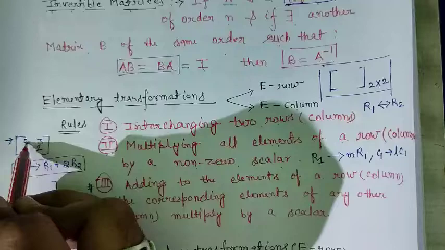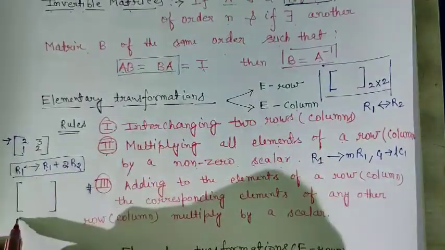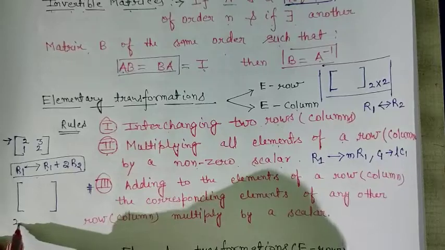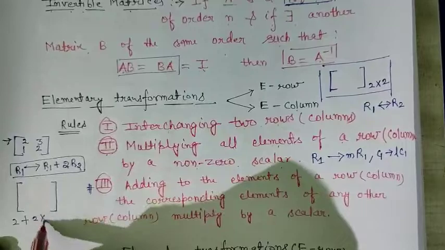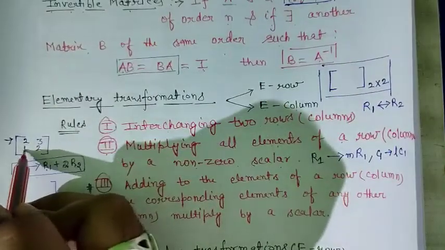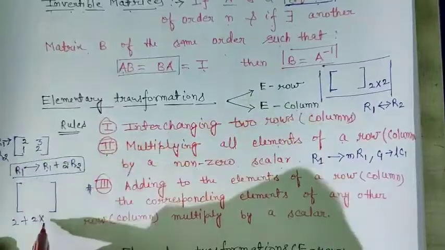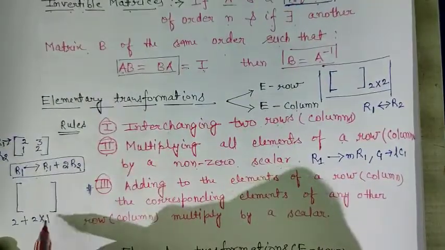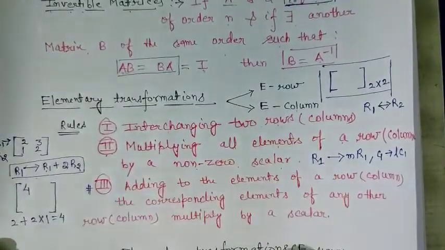In place of 2 I will write 2 plus 2 into R2. This is R1 and this is R2, and the first element of R2 is 1. After simplifying, I write 4 here.